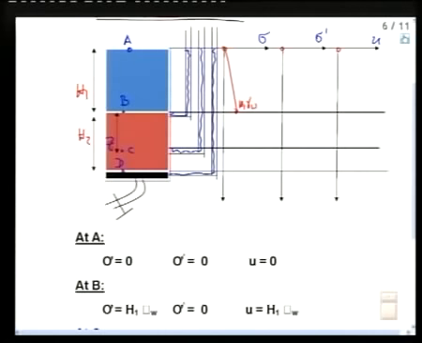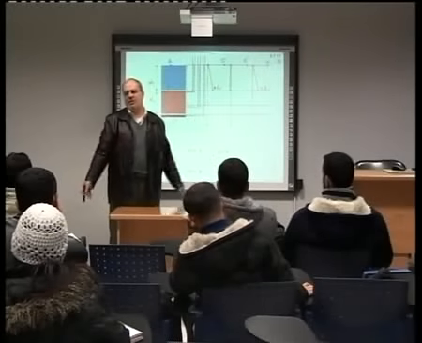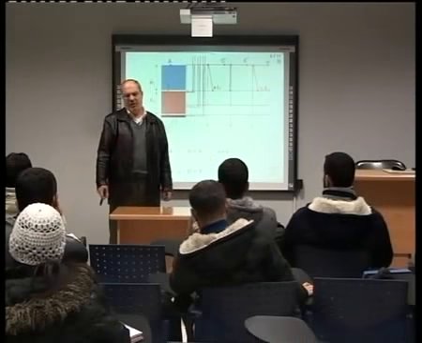H1 gamma water, because the height of water is H1. So what will be sigma prime? 0. Because H1 gamma water equals H1 gamma water plus 0. And I can understand this because sigma effective is the height of submerged soil above that point, and there is no submerged soil above that point.